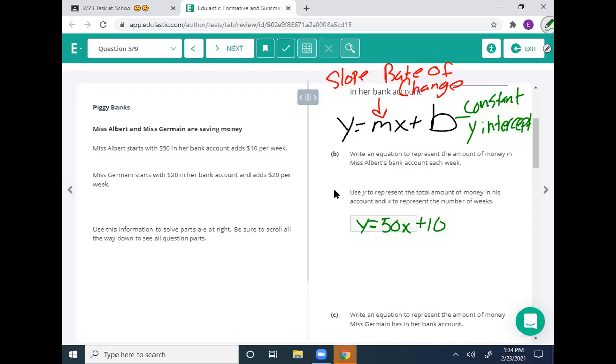What do we think? 50 is our constant rate of change. 50 is how much she is adding every week. Oh, no. 10 is how much she's adding every week. So the equation would be written what? Your constant rate of change, how much you're adding every week, is going to be that letter. Help me out, Carter. It'd be y equals 10x. Nice job, Elizabeth.